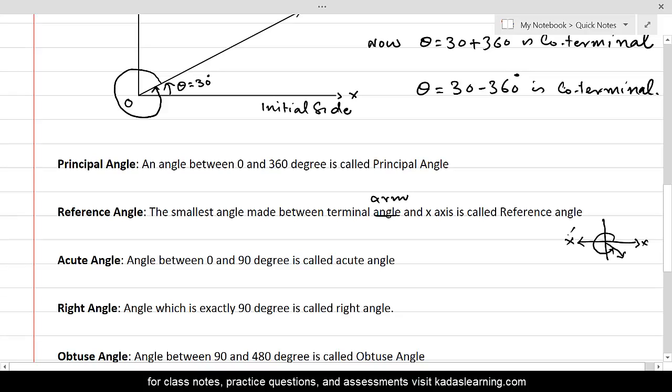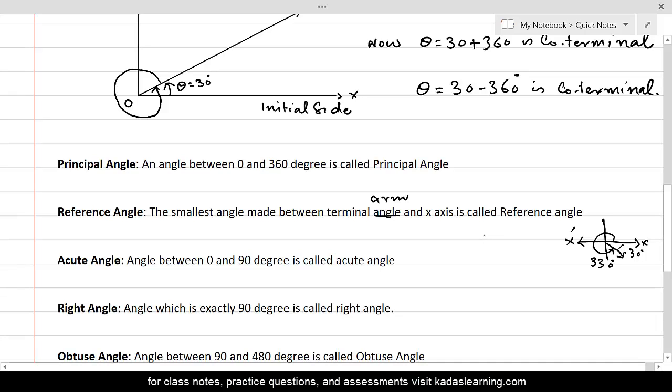Closest is this one. So measure this angle. If the principal angle was 330 degrees, then what would be the angle? This one, this would be 30 degrees. So this angle of 30 degrees would be the reference angle. I hope you understand.